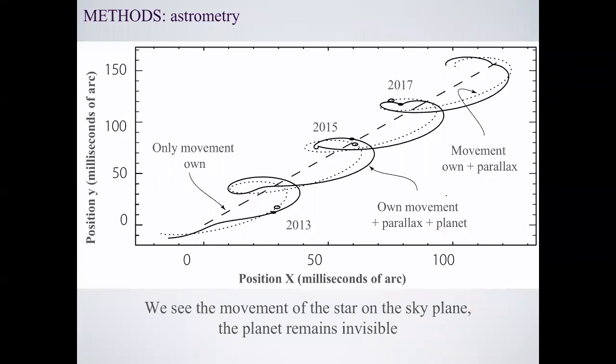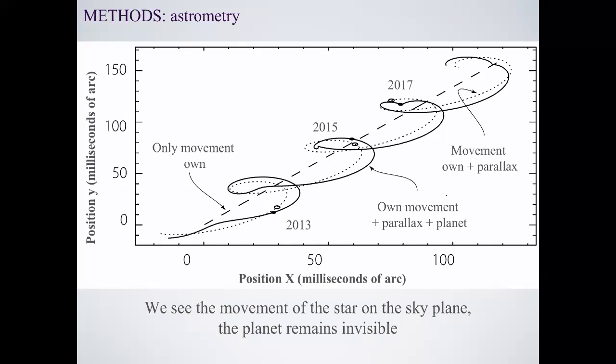Another method that is going to be very important in the next few years is astrometry. Because stars are moving in the galaxy, there is a reflex movement due to the presence of a planet or several planets.